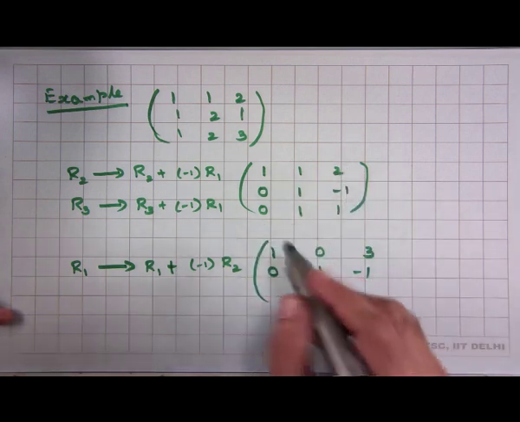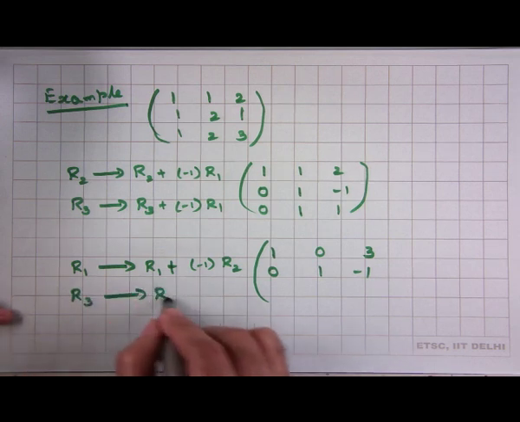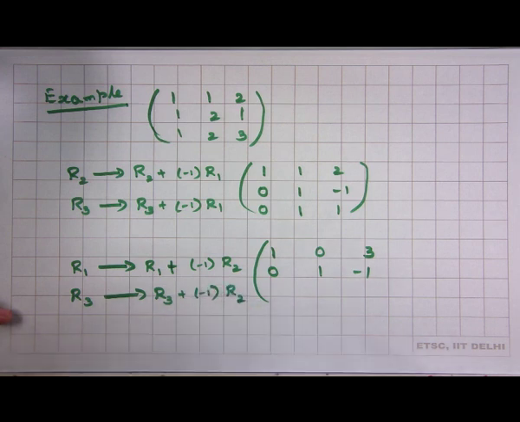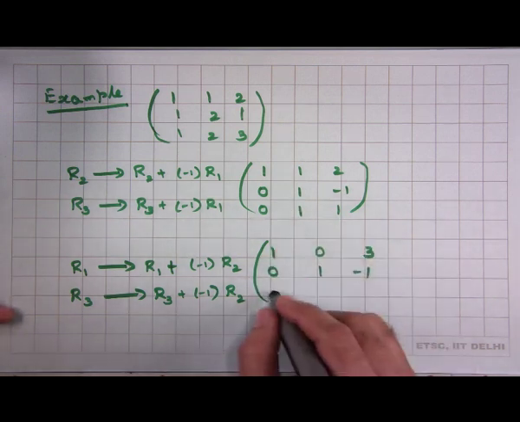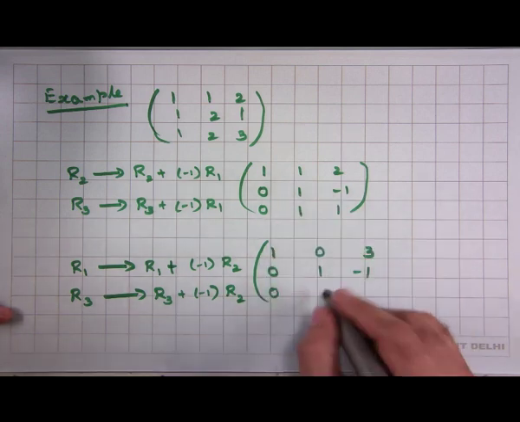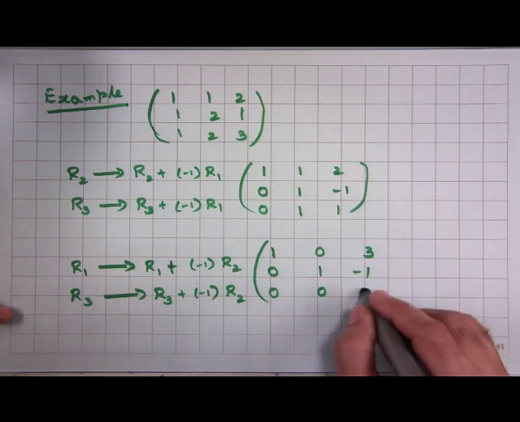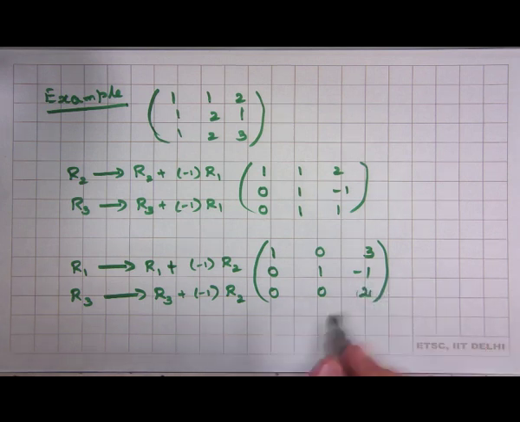Again here, the last one, R3 is replaced by R3 plus minus 1 times R2, right. So, R3, so I want this to be 0. So, I will have 0 here. So, 1 minus 1 which is 0, 1 plus minus 1 into 1 which is 2. So, I will have 2. Finally, this is the submatrix which is a 1 by 1 matrix, right.